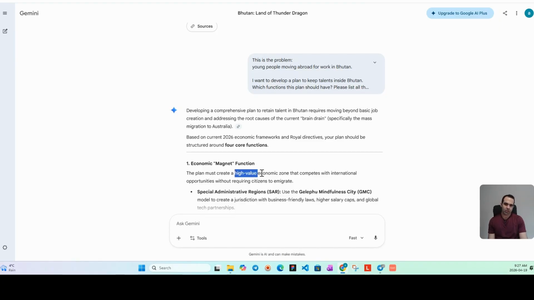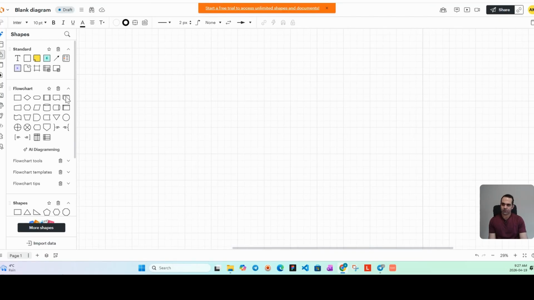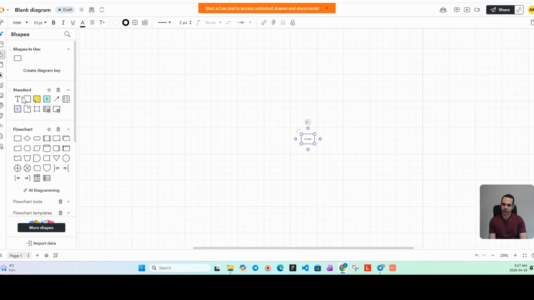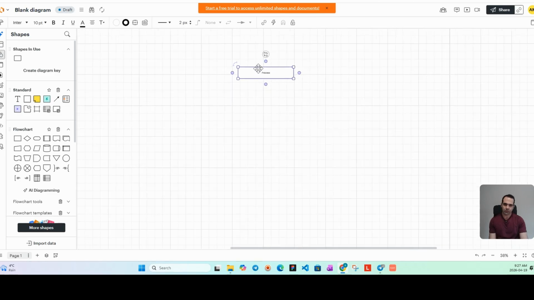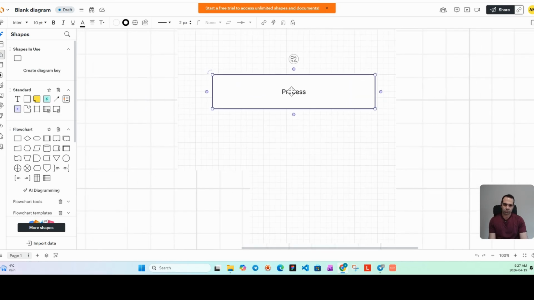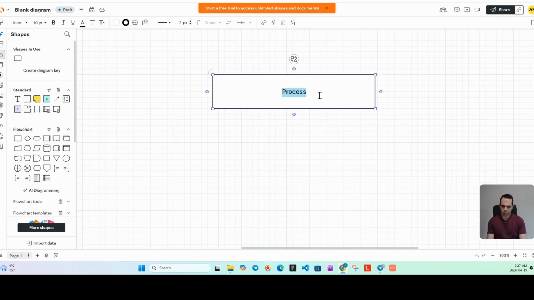So, high-value economic zone is one of the functions that we need here. So, okay, we say a plan to keep talents in Bhutan.